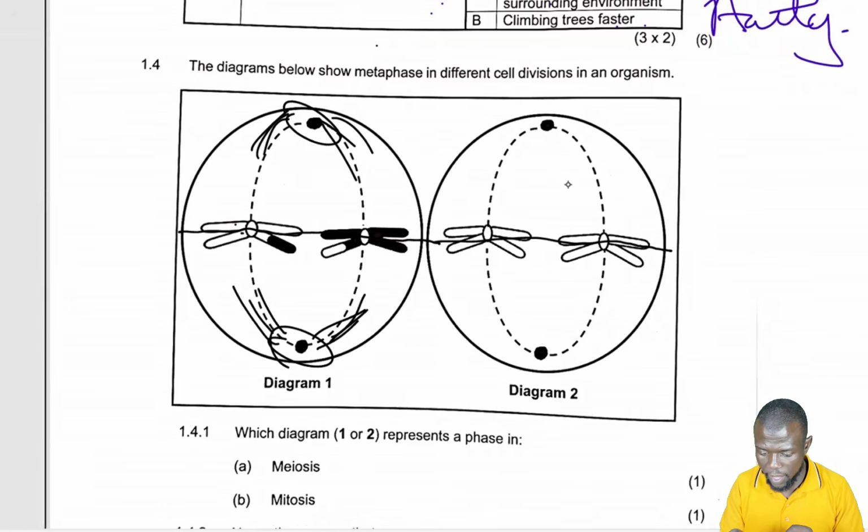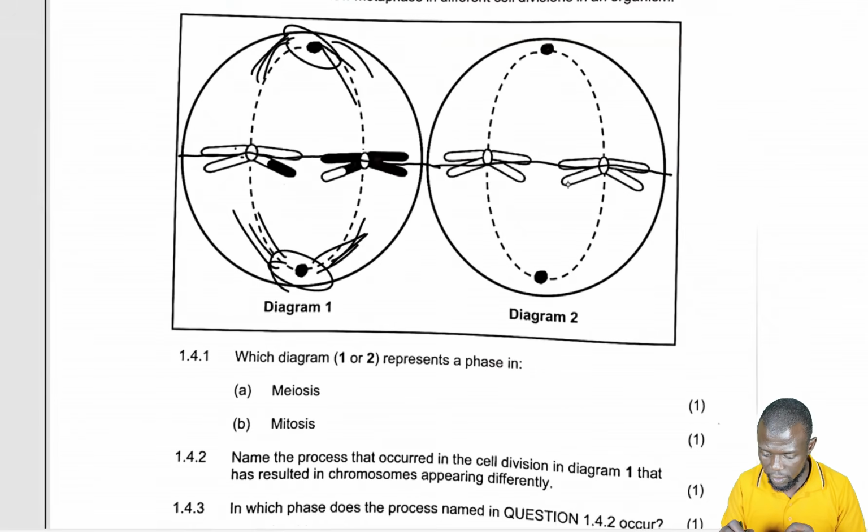So now we know which diagram, 1 or 2, represents meiosis and which represents mitosis. This one looks like meiosis, diagram 1.